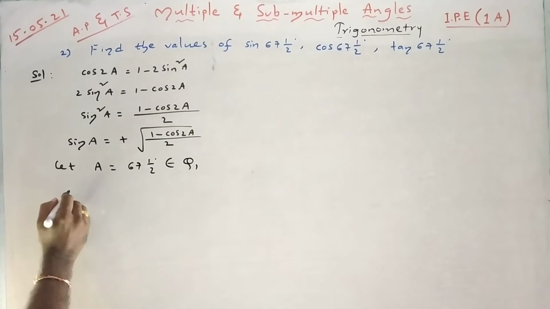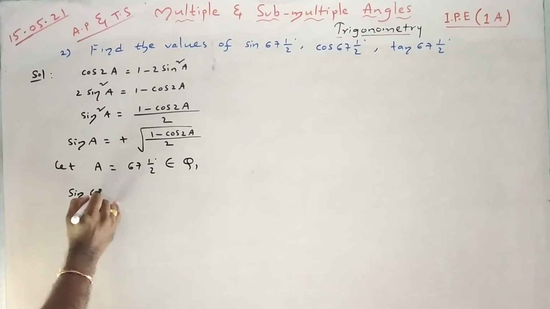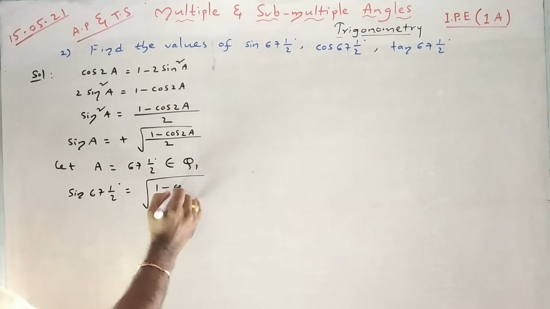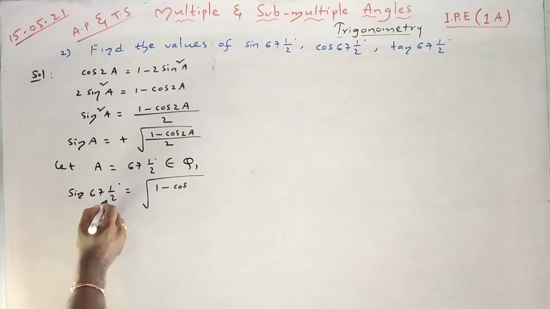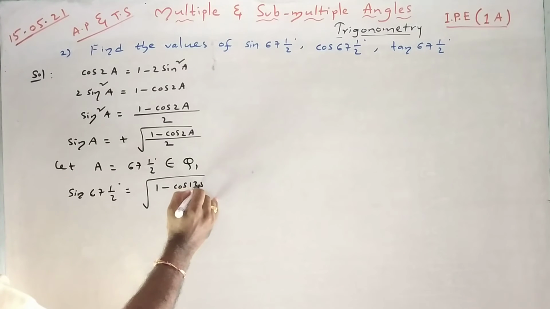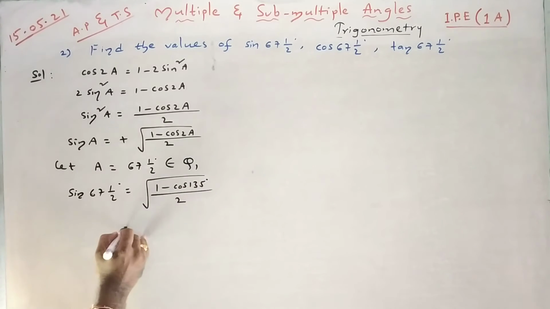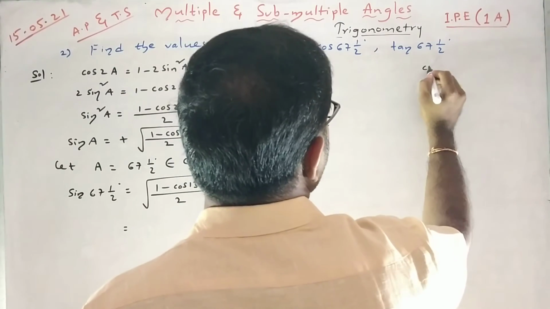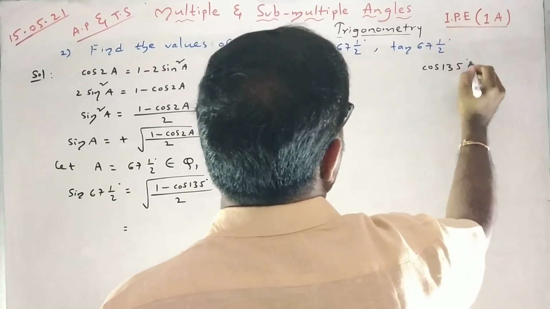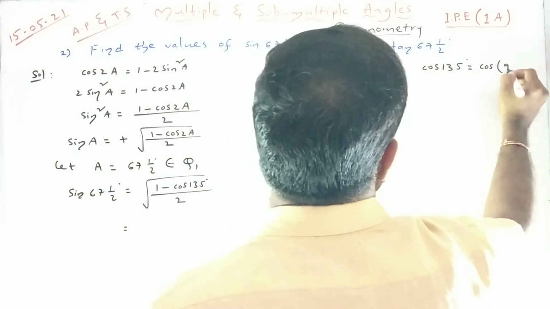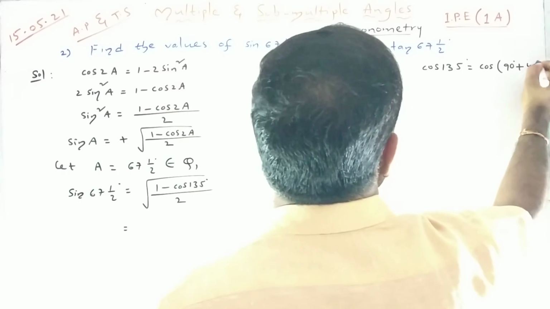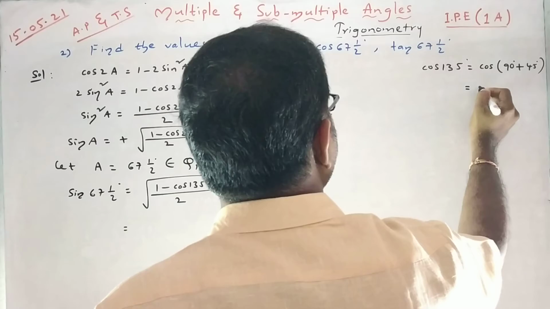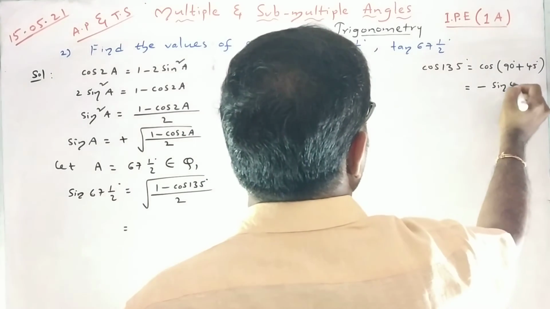So sin 67 and a half degrees equal to square root of 1 minus cos 2 times 67 and a half, that means 135 degrees, by 2. So what is cos 135? Cos 135 degrees equal to cos, we can write 90 plus 45. 90 plus theta is in the second quadrant, cos negative, sin 45.